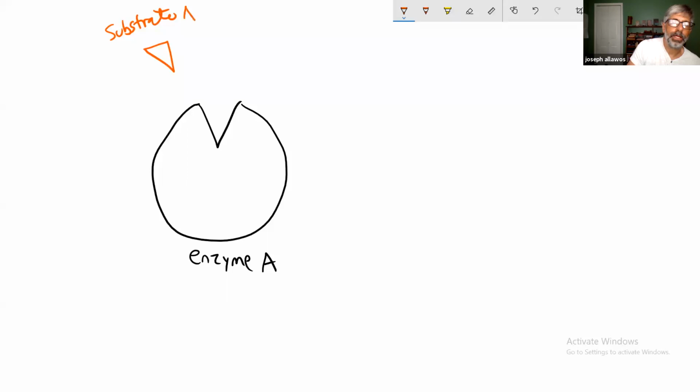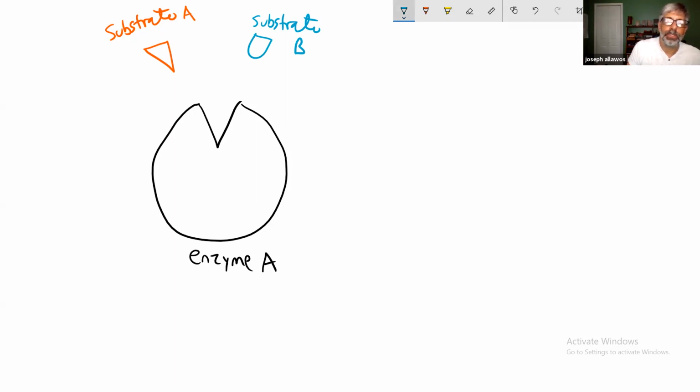We'll let that be substrate A. And we'll let this be substrate B. Okay, and so an enzyme is very specific to a specific substrate.